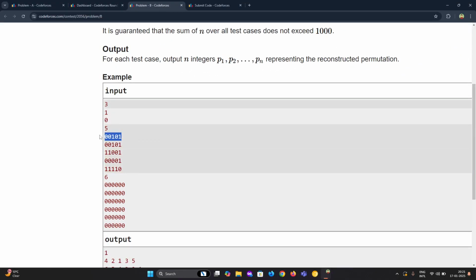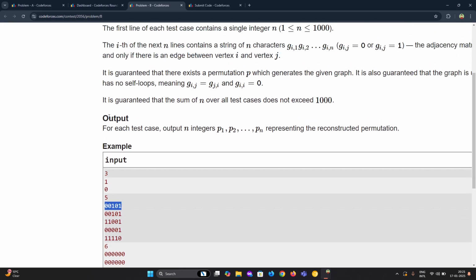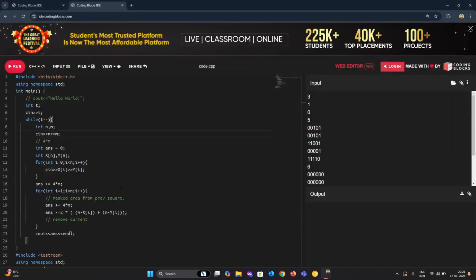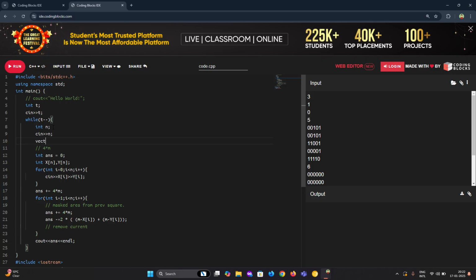Okay, so let's say first this test case, and let's take a vector this time. I don't know why, but let's just keep it that way.